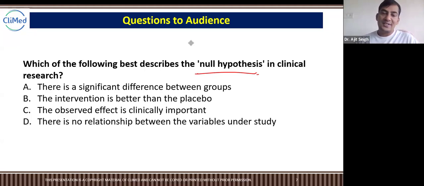Can someone describe it with an example? With a case, I was supposed to say.